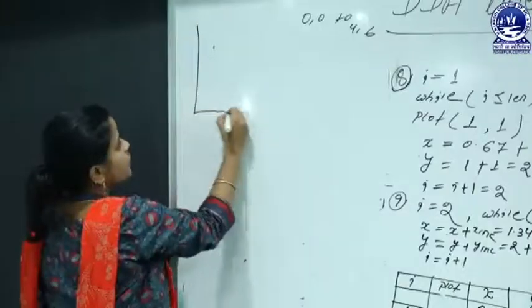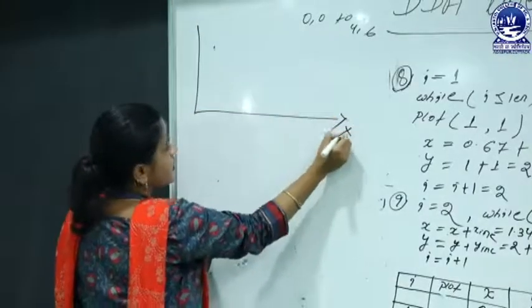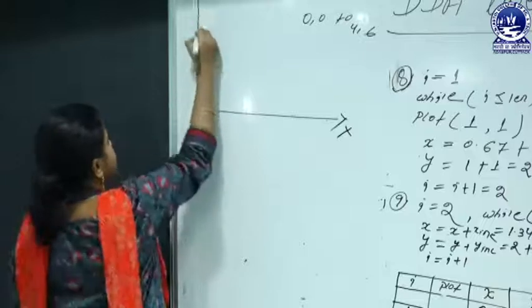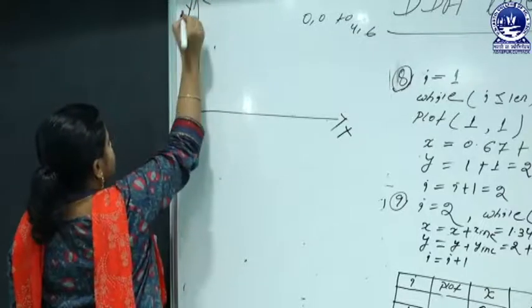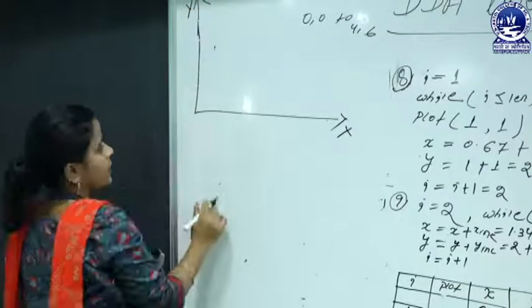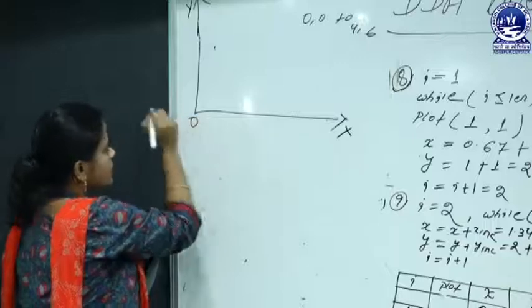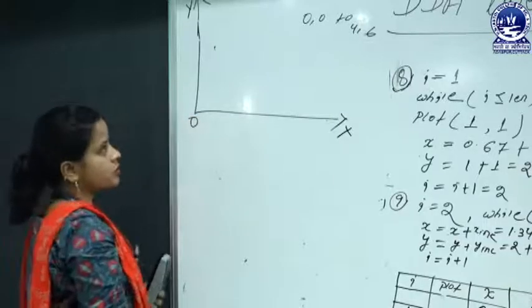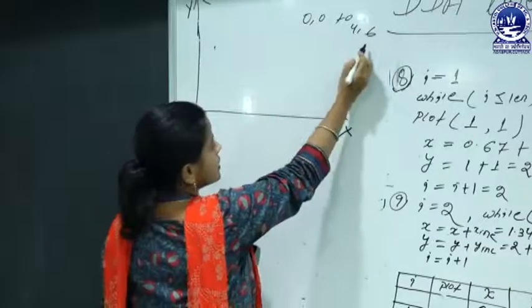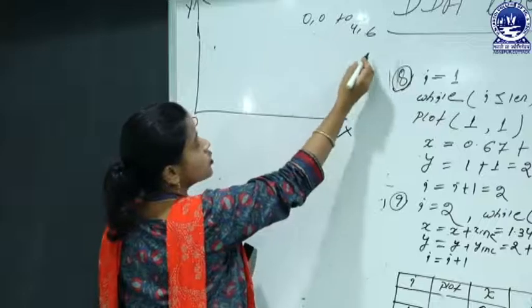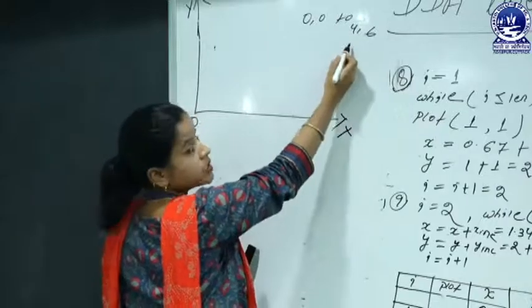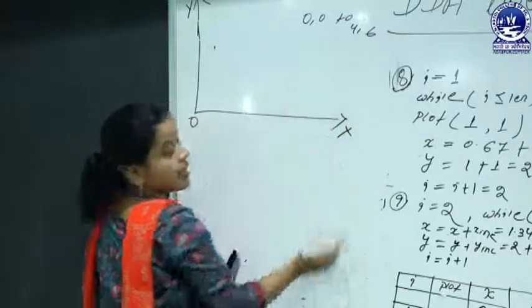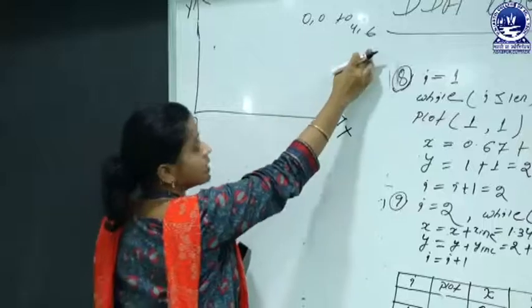Here is the 2D plane where one coordinate shows the x axis and another coordinate contains the y axis data value. Okay, by default the coordinate values start from 0, 0. Here the line starts from 0, 0 up to 4, 6, that means the x coordinate ends at point 4 and the y coordinate ends at point 6.